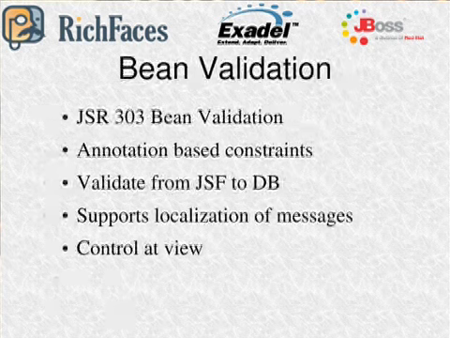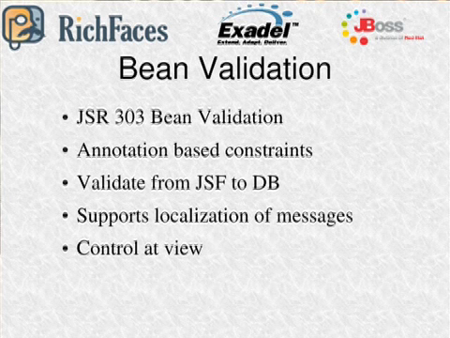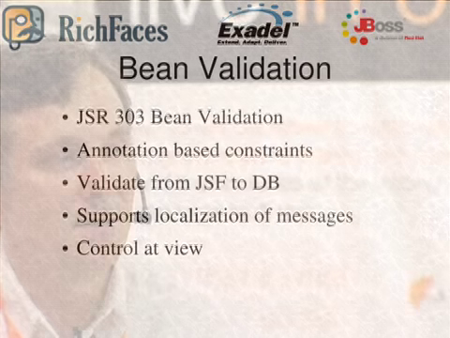Bean validation is an interesting feature. In previous JSF versions, the developer had to append text that describes constraints for input data. But JSR 303 introduces annotations for data model constraints.